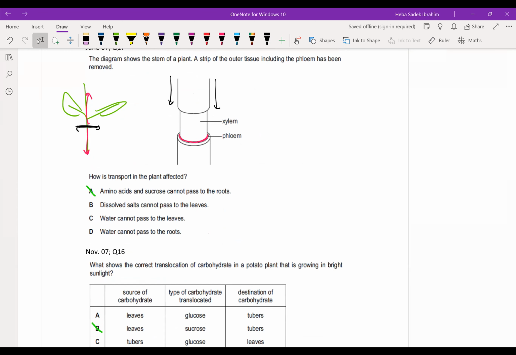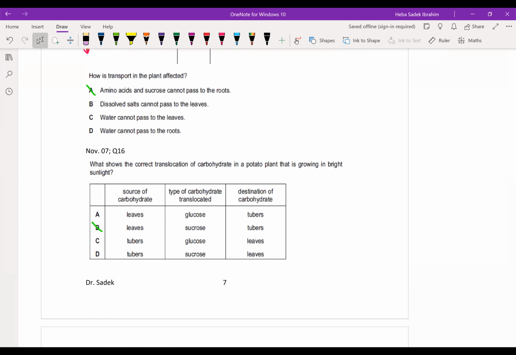What shows the correct translocation of carbohydrate in a potato plant that is growing in bright sunlight? Bright light means the leaves are carrying out photosynthesis, right? The food is formed by photosynthesis, and then it is translocated up and down.